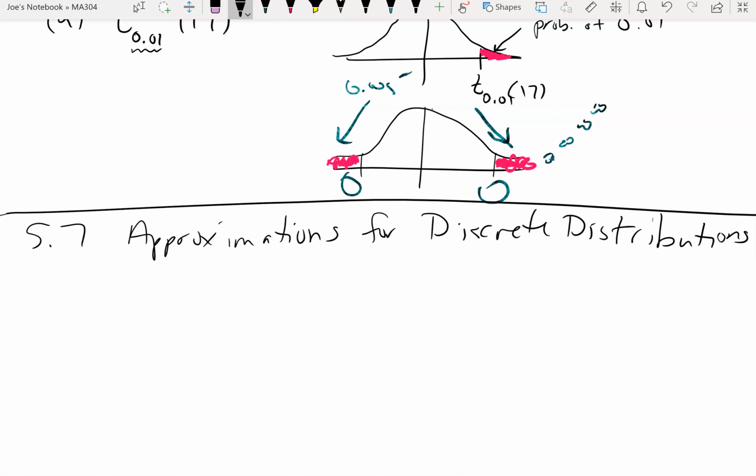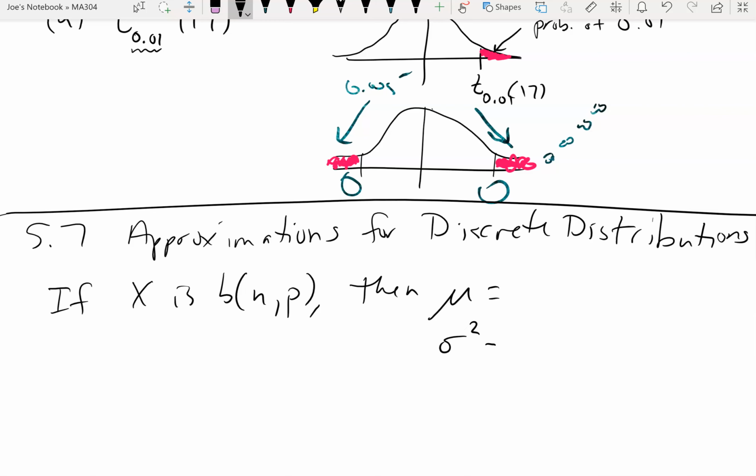For the normal distribution, you need to know the mean and the variance, right? Well, if x is binomial on n and p, what's the mean and what's the variance?